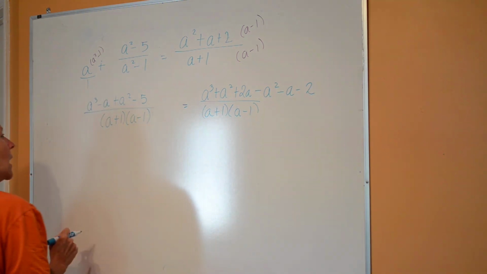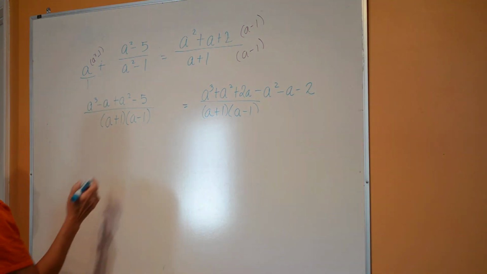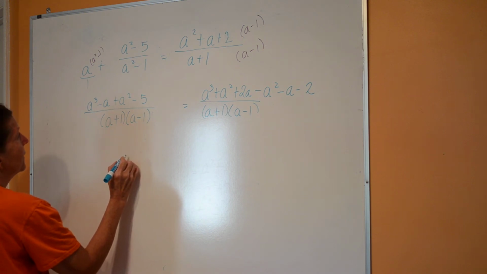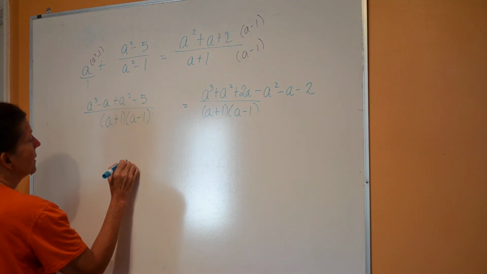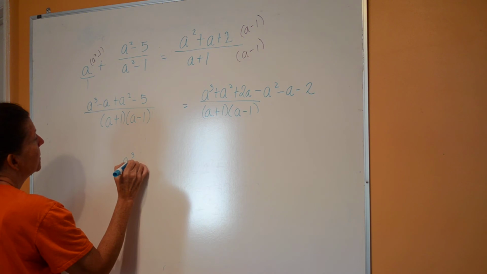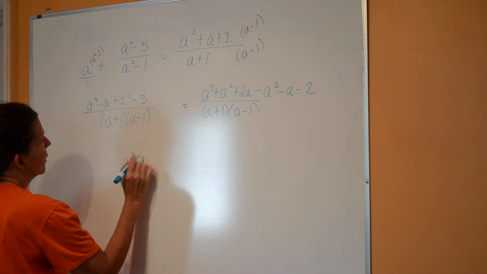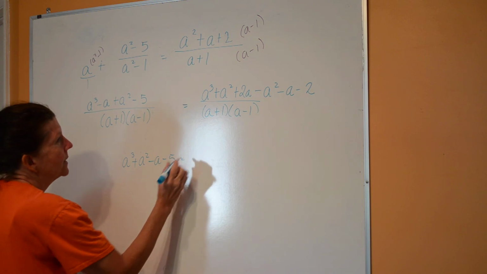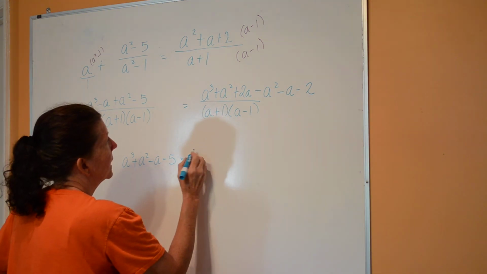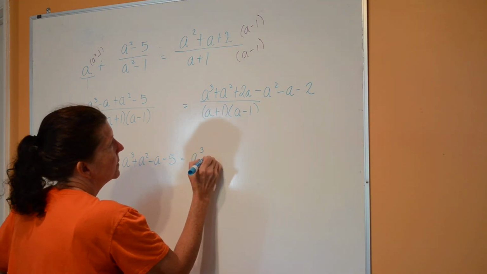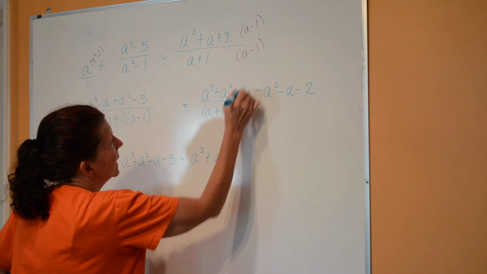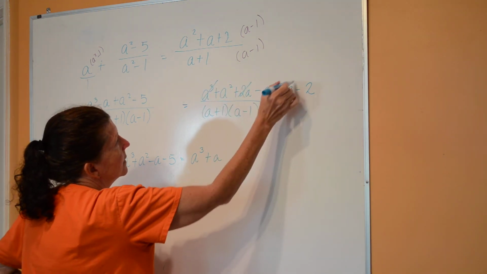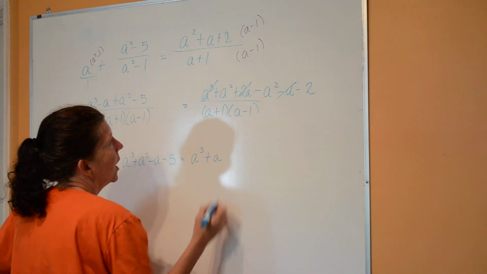All right, I'm going to go ahead and combine what I can combine on the top. Over here, it's absolutely nothing. So I have A cubed minus A, or plus A squared minus A minus 5 is equal to, again, I'm going to combine here, A cubed plus A, because that's those two together.